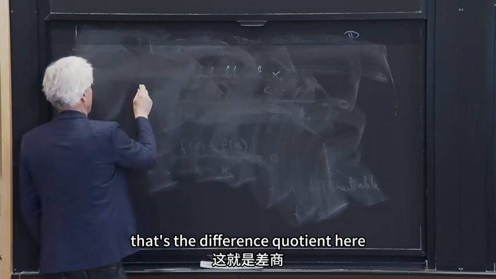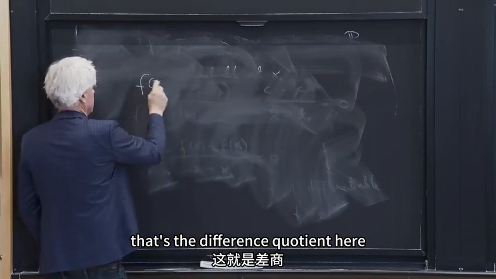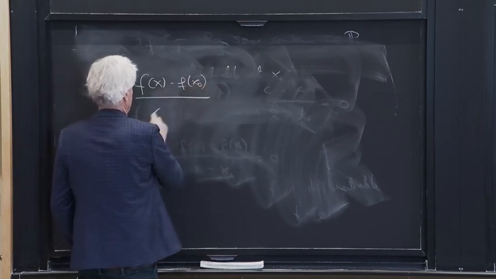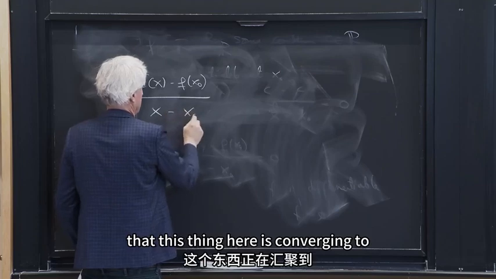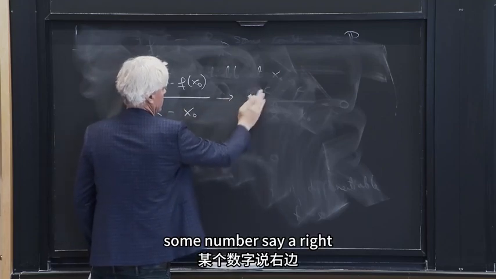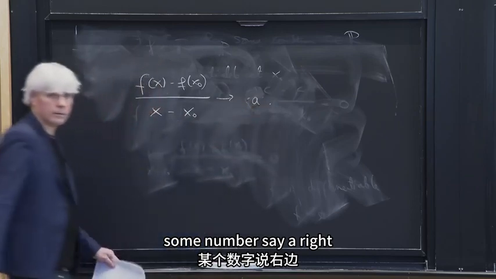So if you take that the difference quotient here is converging to some number, say a, right?